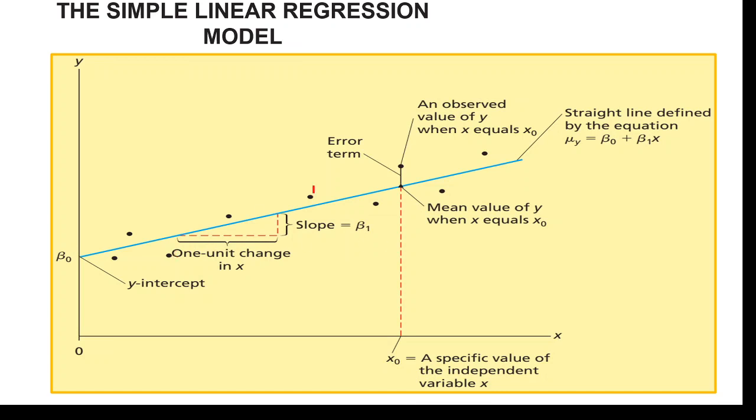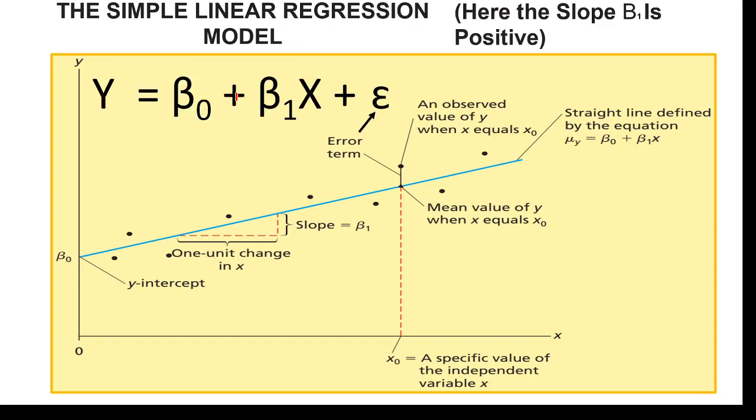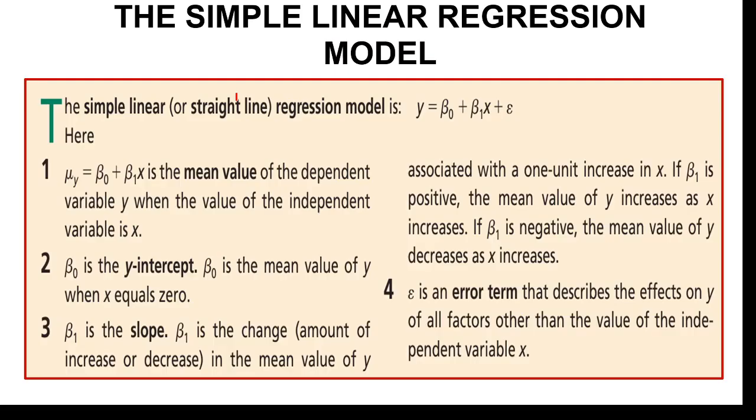Beta 1 is considered to be the slope. When x increases by 1 unit, what is the change in y? We call it the slope. And you have the error term. Likewise, you can understand the graphical illustration here, which you can read and understand.